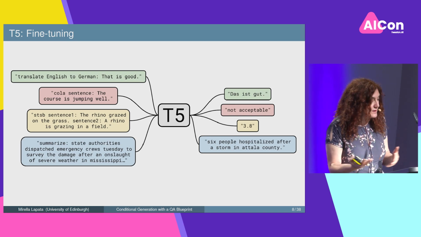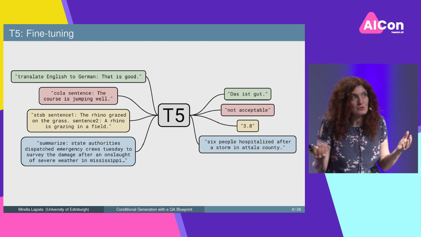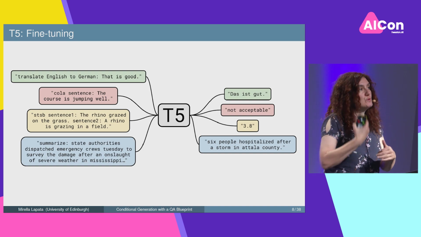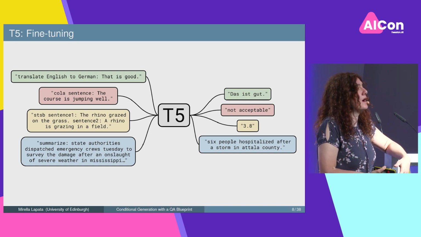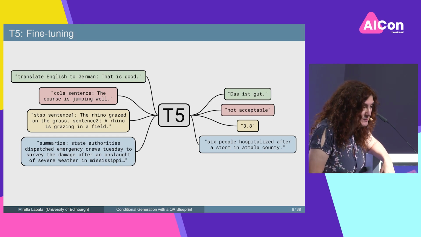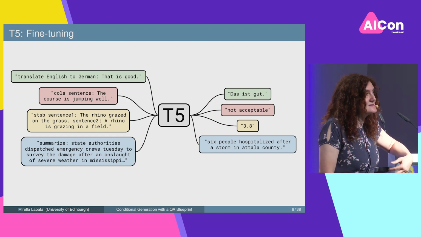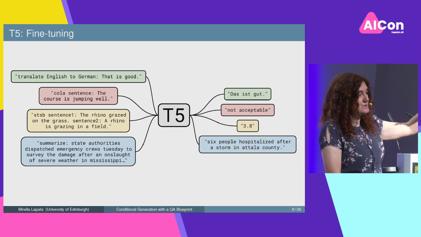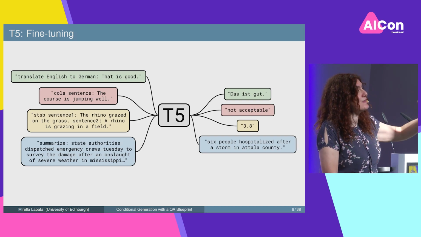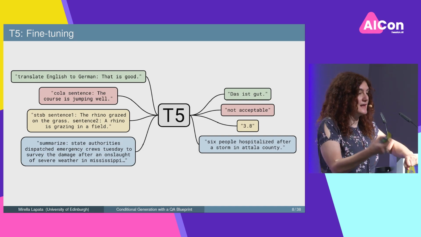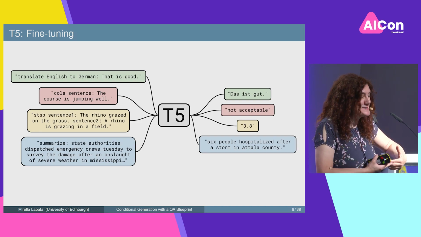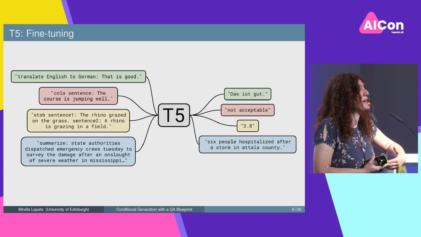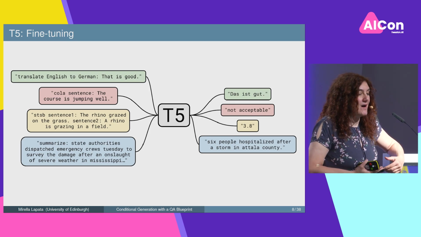And this T5 model has been fine-tuned with some data, so we change the parameters, for tasks such as machine translation and linguistic acceptability. This is the CoLA sentence task. Every task is prefixed with some information. You can think of it as an instruction, so "translate English to German." "CoLA sentence" means judge the acceptability of the sentence.